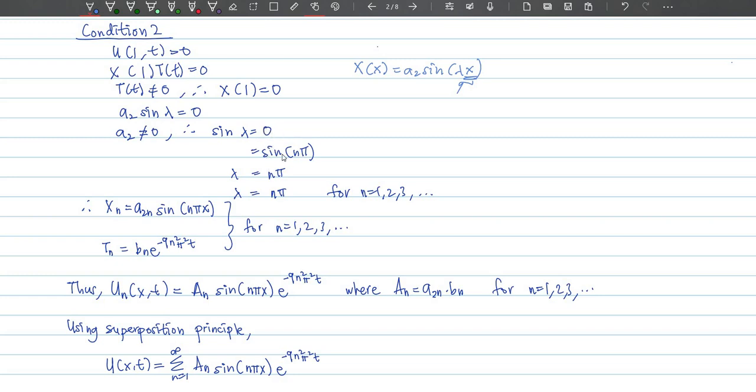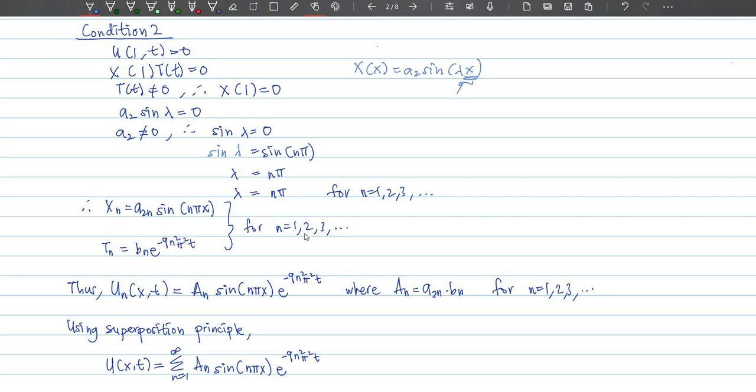Remember, sin n pi is equal to 0. Therefore, here we have sin lambda equal to sin n pi. We compare the angle, so lambda is equal to n pi for n equal to 1, 2, 3 until infinity. So X_n would be A_n sin n pi x, and T_n is equal to B_n e to the power of negative 9 n squared pi squared t, because of lambda squared, remember?